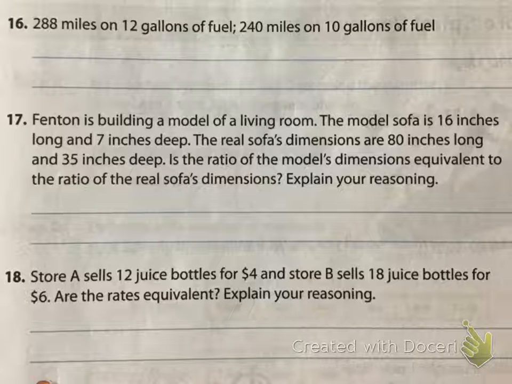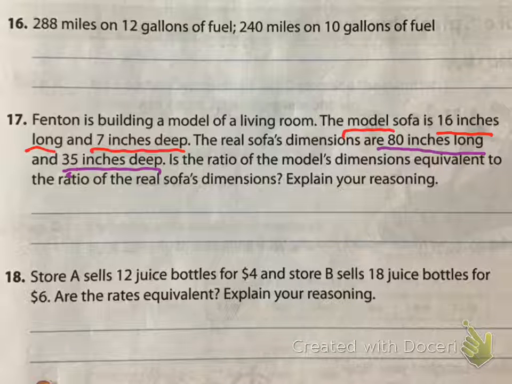Fenton is building a model of a living room. The model sofa is 16 inches long and 7 inches deep. The real sofa that he's modeling it on has dimensions of 80 inches long and 35 inches deep. So what's the initial ratio for our model sofa?